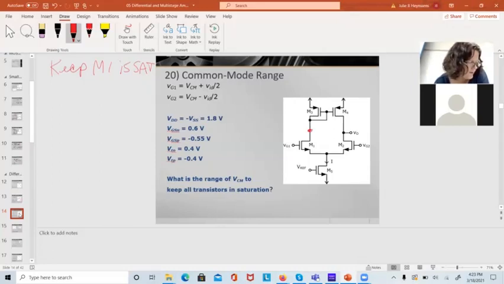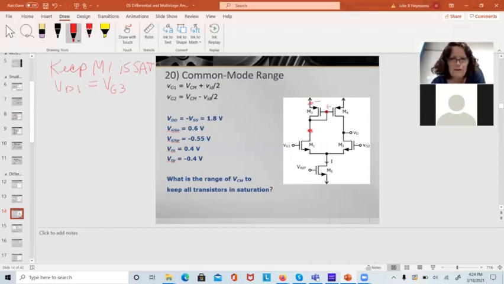So the drain voltage here is going to be the same as the gate voltage of M3. VD1 equals VG of transistor 3. And we know the voltage between gate and source here, so this is the source, and that's the gate.